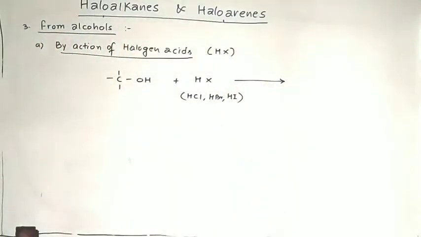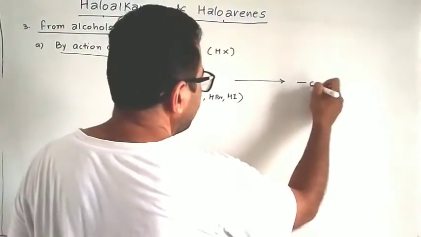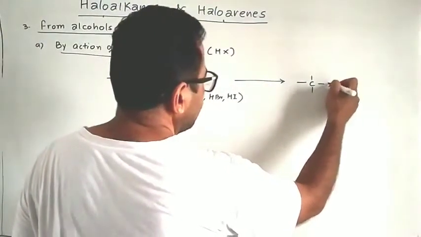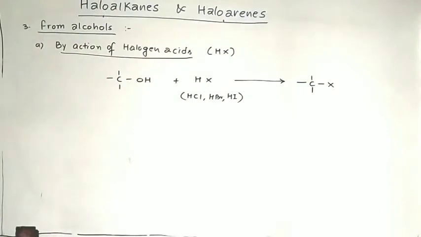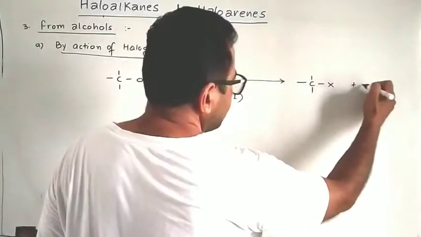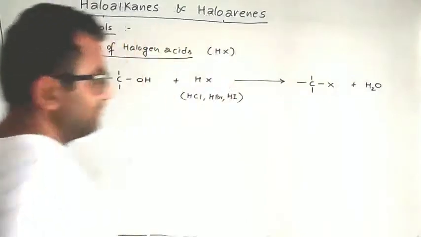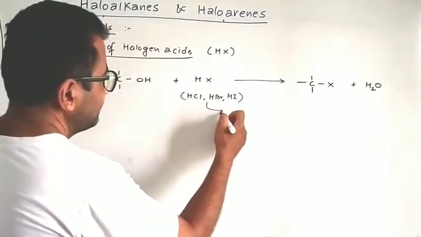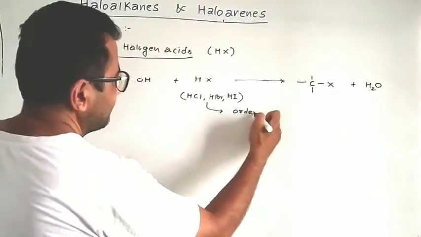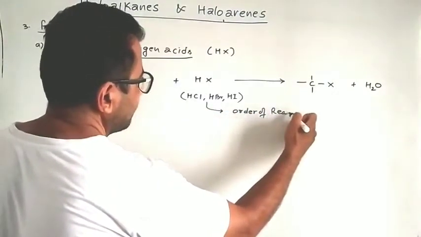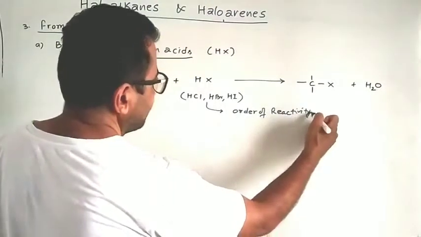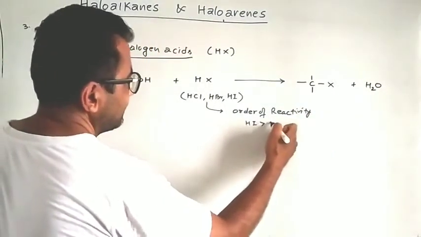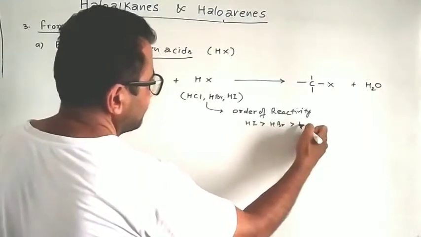It will give you the alkyl halide, like this OH gets replaced by X and water is produced. So if we see the order of reactivity, that is HI, HBr, HCl.